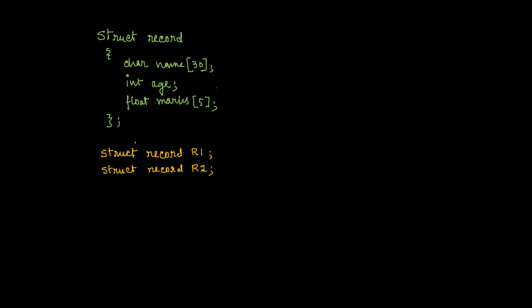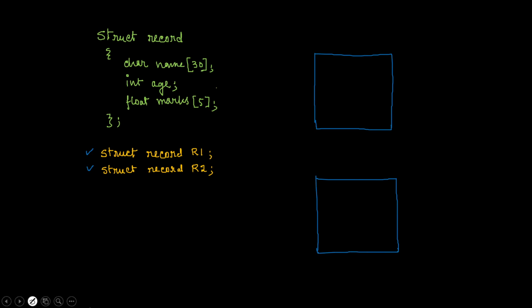But when you write these two statements and run the program, two structure instances will be created in memory. This is instance R1 and this is instance R2.